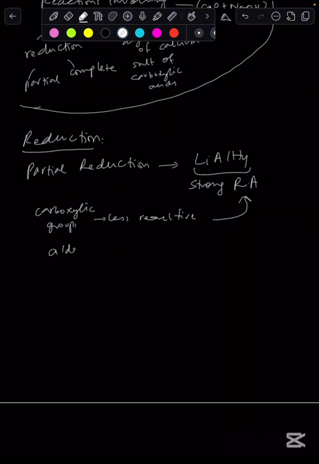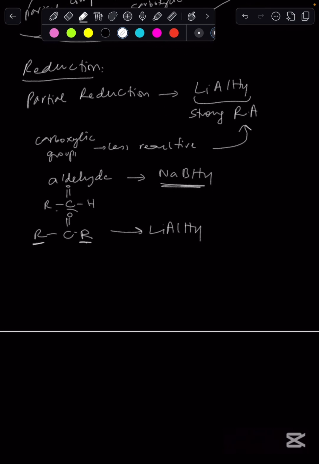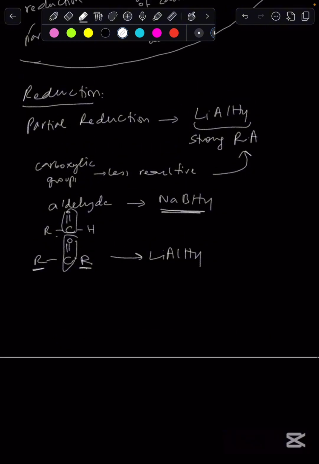Aldehydes are the most reactive to reducing agents. They react with sodium borohydride, which is a weaker reducing agent than lithium aluminum hydride, because the carbonyl carbon is readily available to nucleophiles due to the presence of less bulky groups. For example, acetone or a ketone is going to react with lithium aluminum hydride only, because it's got bulky groups attached to the carbonyl carbon. So that's why carboxylic groups show partial reduction.